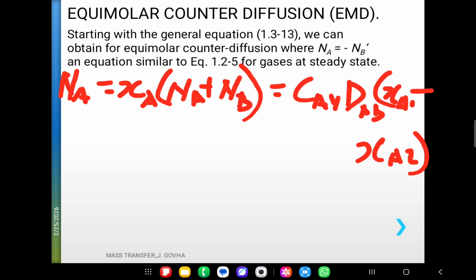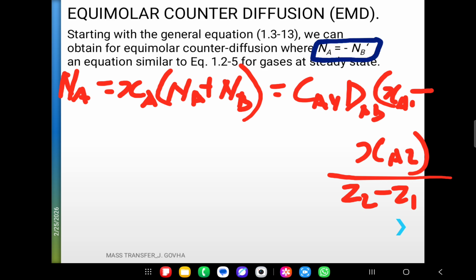So all this will be over Z2 minus Z1. But then we remember that NA equals minus NB, so substituting, this whole term is reduced to 0. So we are only left with NA equals CA average, DAB.